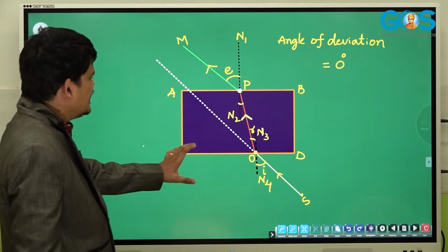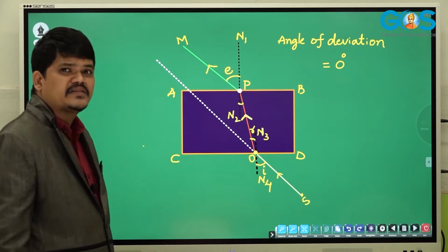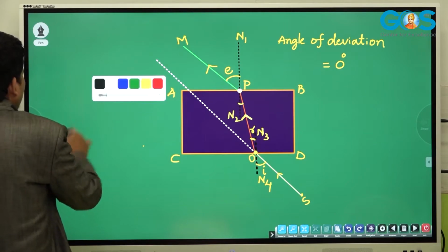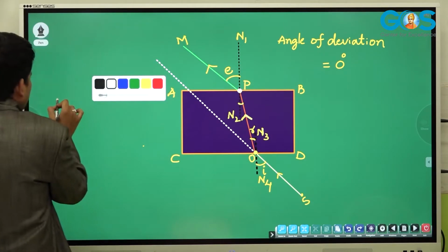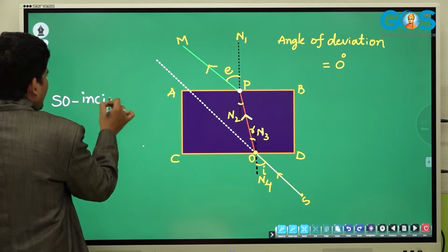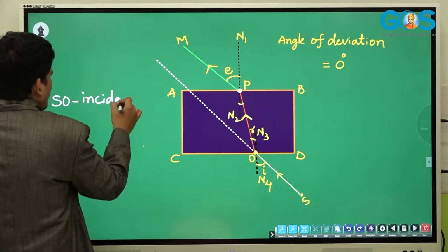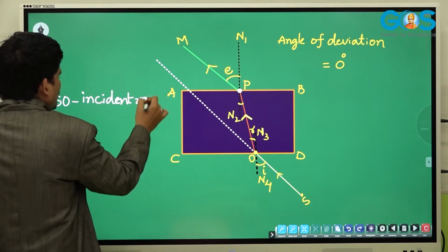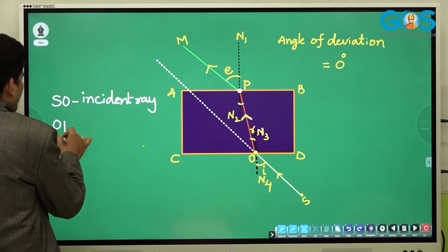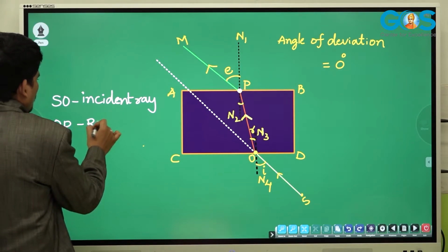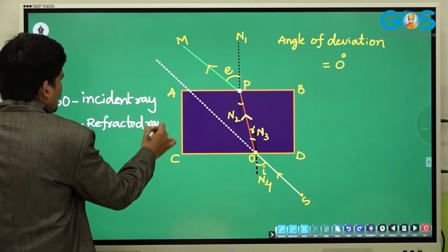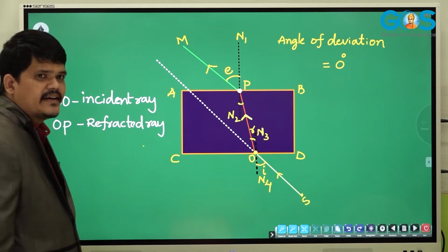Now first of all, let us see what are the different rays present in this rectangular glass slab. The different rays present in the rectangular glass slab are: number one, SO, incident ray. Then OP, refracted ray.